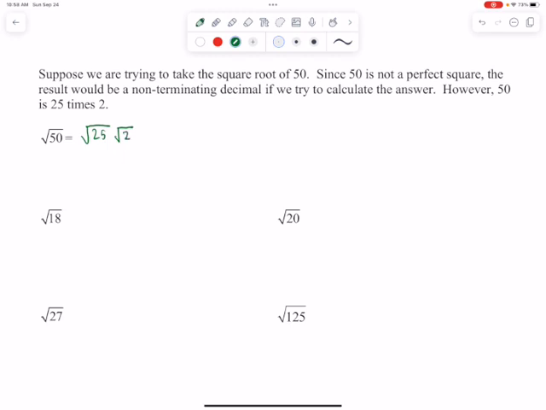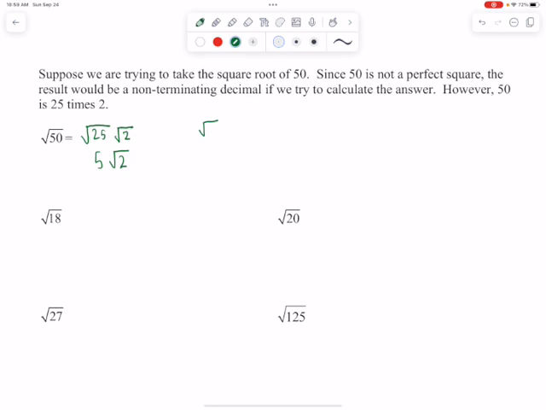By doing this, we've split it up in such a way that even though we can't simplify the square root of the entire thing, we can simplify the square root of one of the factors. The square root of 25 is 5, and then the part that we can't simplify, the square root of 2, we leave alone. So we can simplify the square root of 50 to be 5 times the square root of 2.